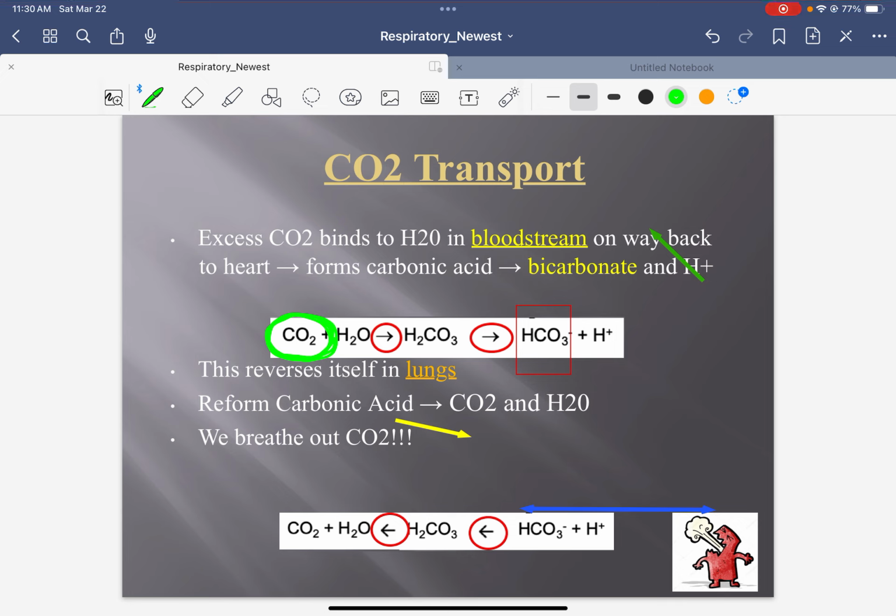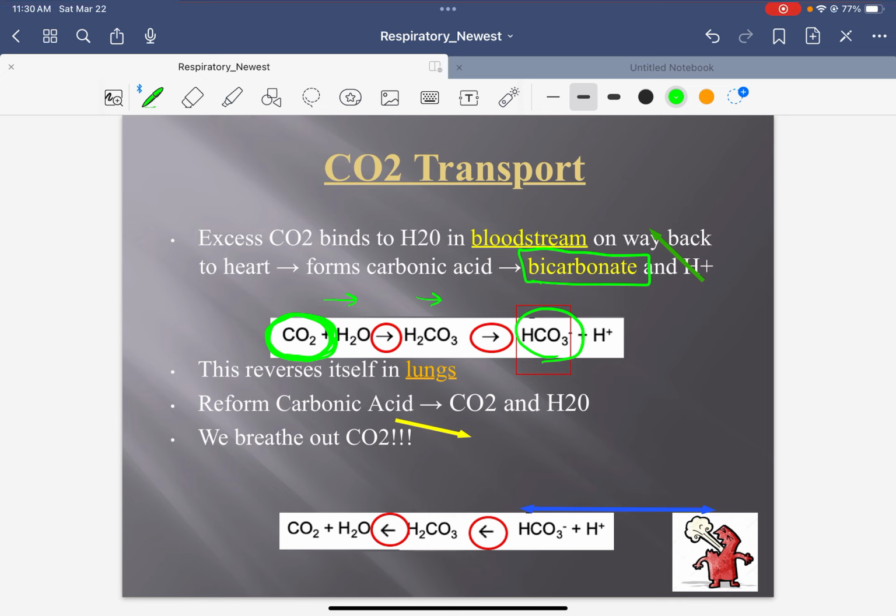So we take that CO2 and go through a series of chemical reactions, and we roll up CO2 as part of the bicarbonate ion. We can't have CO2 in the bloodstream by itself. It turns it acidic. So we purposely move this equation to the right to wrap up CO2 as part of bicarbonate, and that's how it travels in the bloodstream.